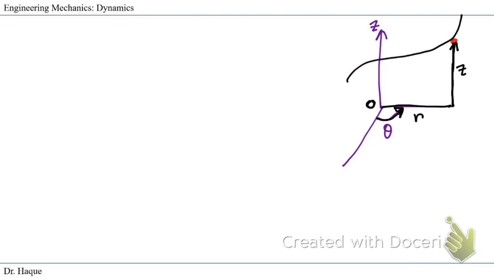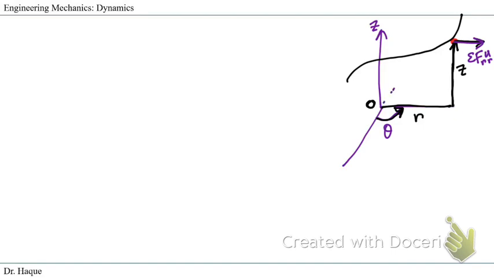So if the particle has a curved path, it can have three components. One in the direction of r, which I can say is summation of Fr ur, the unit vector ur and the component of the force in the r direction.